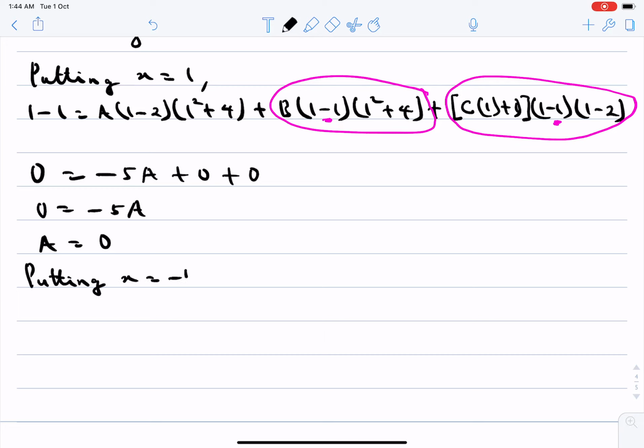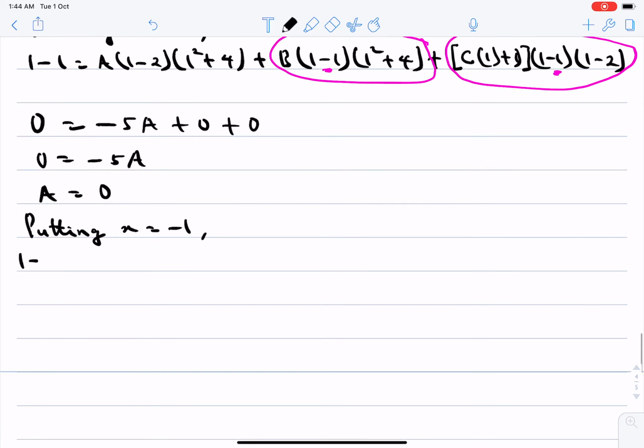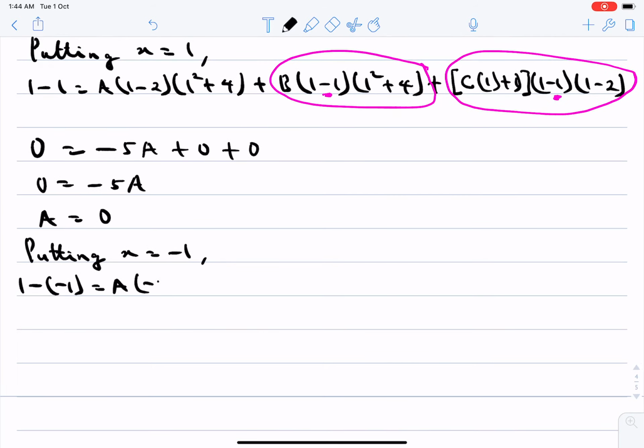Putting x equals minus 1. 1 minus 1 is equal to a times minus 1 minus 2 times minus 1 squared plus 4 plus b times minus 1 minus 1 times minus 1 squared plus 4. I think I want to write my minus 1 squared this way.